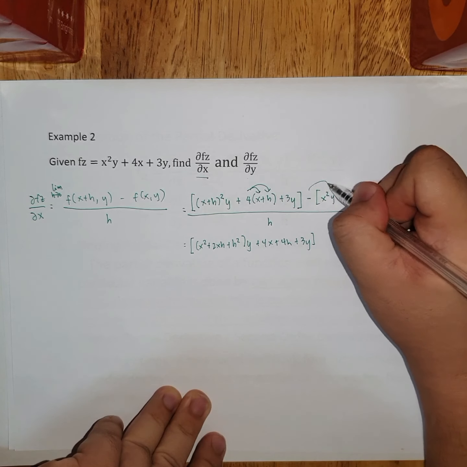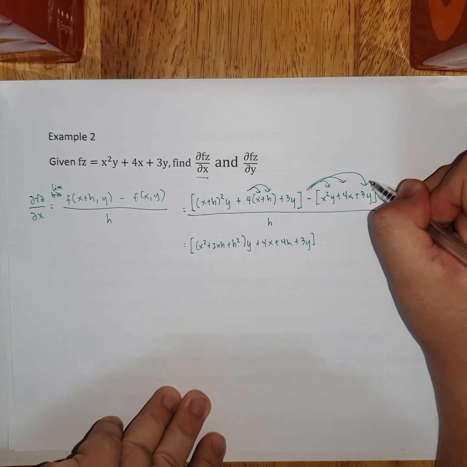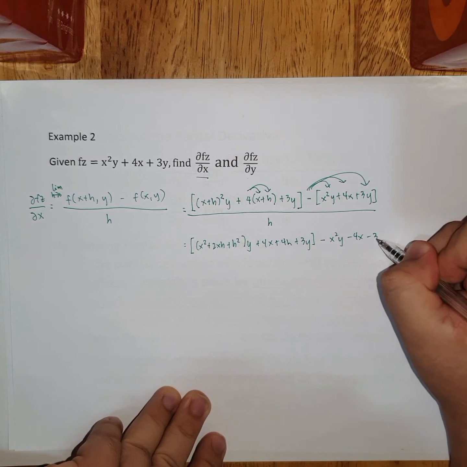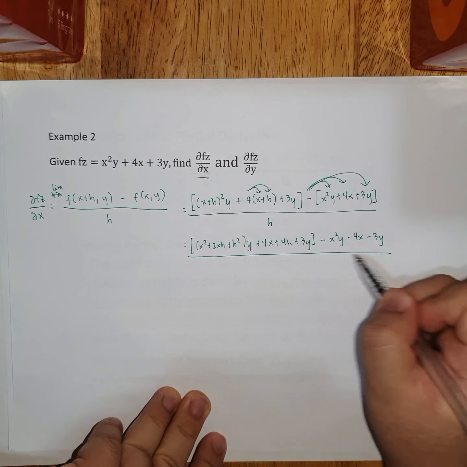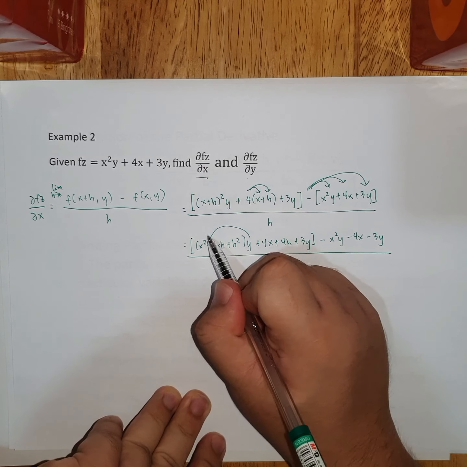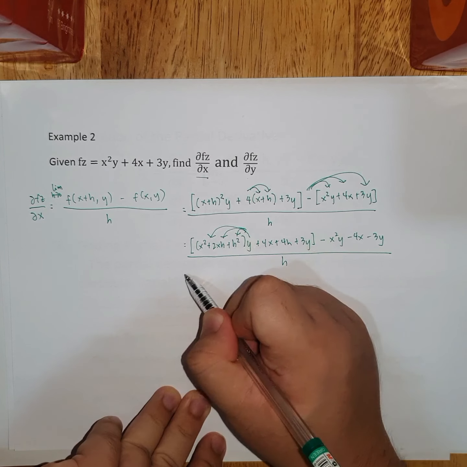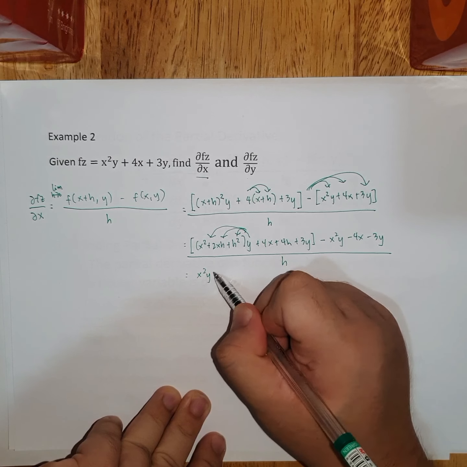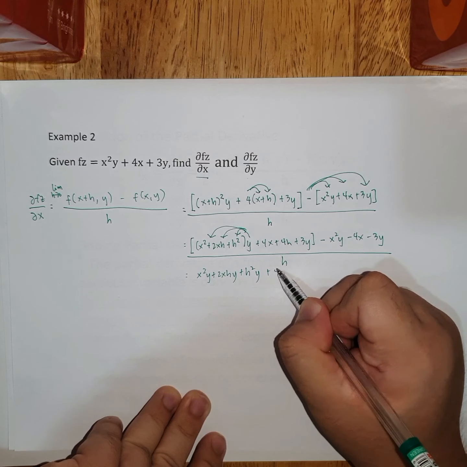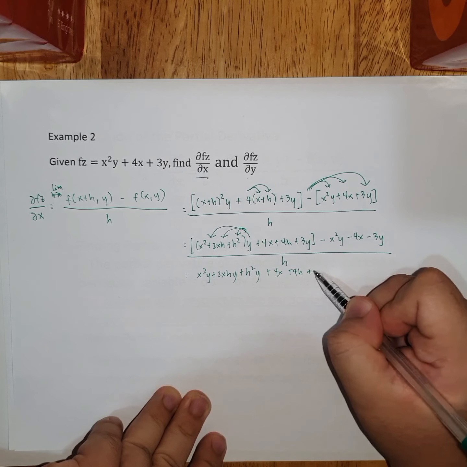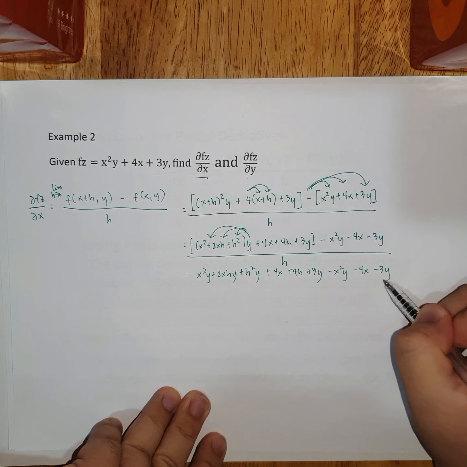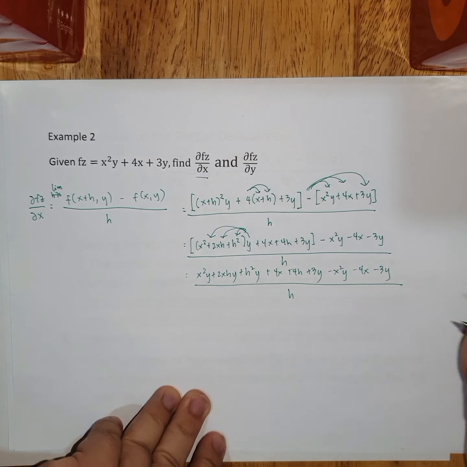Tapos distribute natin yung negative sign dito. Okay? So we have negative x squared y minus 4x minus 3y all over h. Okay? Then distribute natin yung y naman dito. Each term. We have x squared y plus 2xhy plus h squared y plus 4x plus 4h plus 3y minus x squared y minus 4x minus 3y over h.